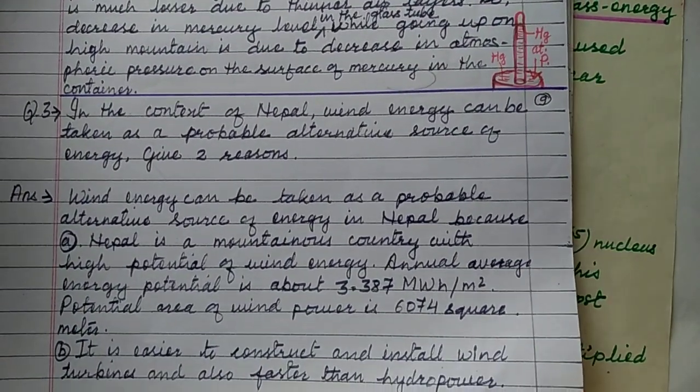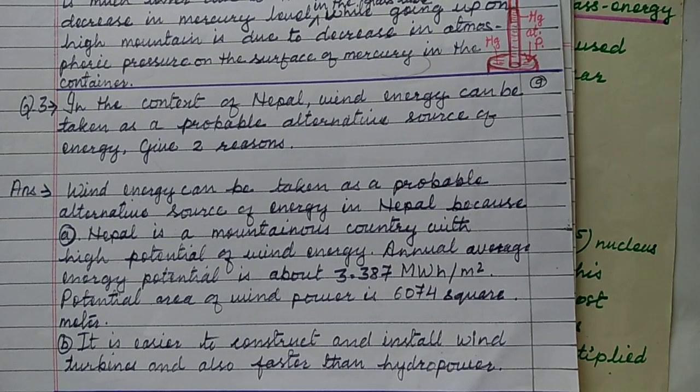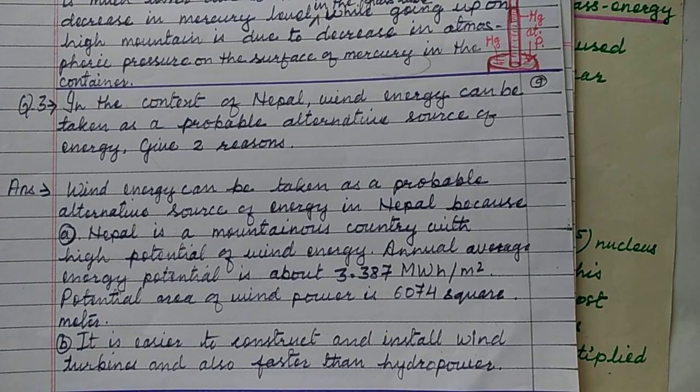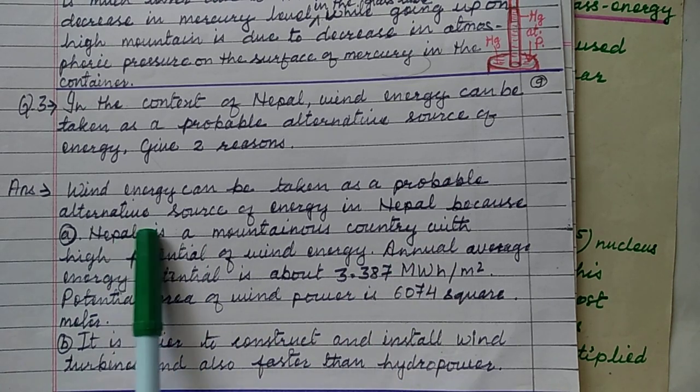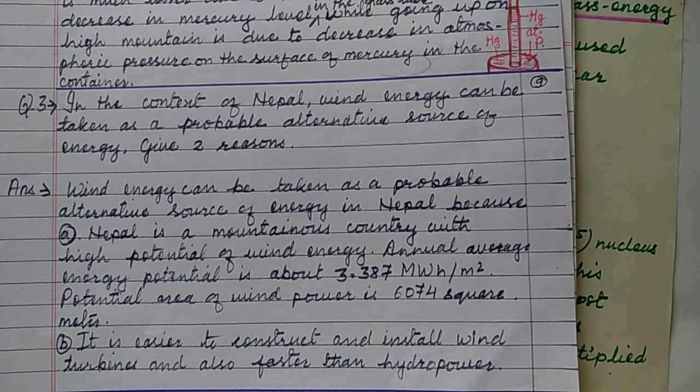Now the next question relating to this topic is: in the context of Nepal, wind energy can be taken as a profitable probable alternative source of energy. Give two reasons. Wind energy can be taken as a probable alternative source of energy in Nepal because Nepal is a mountainous country with high potential of wind energy. Annual average energy potential is about 3.387 megawatt hour per meter square.